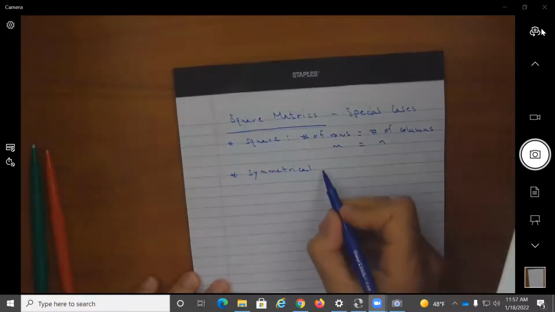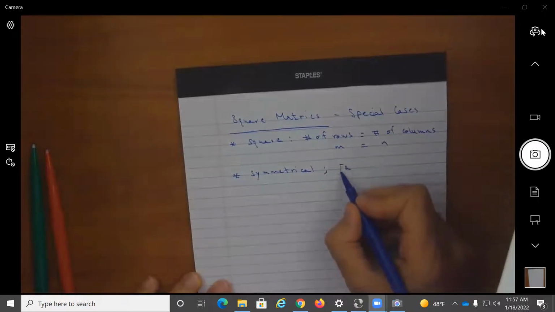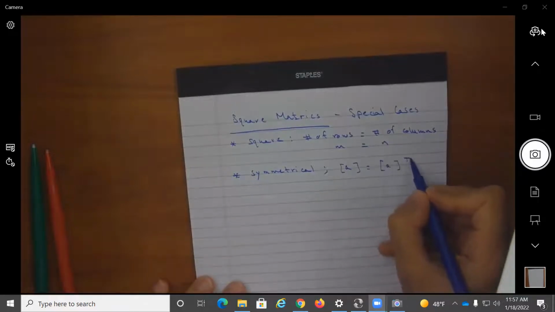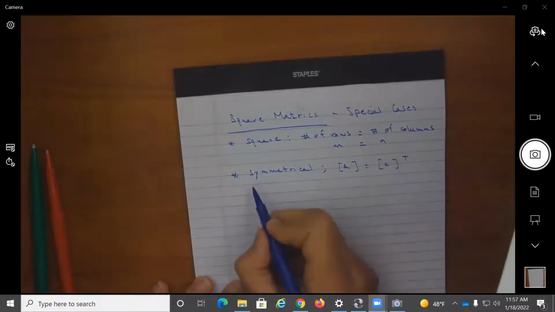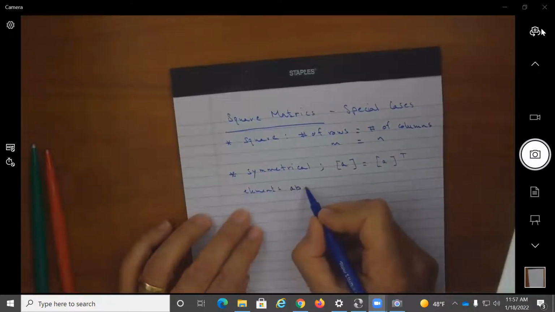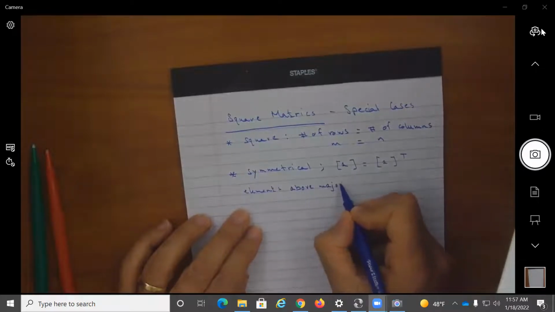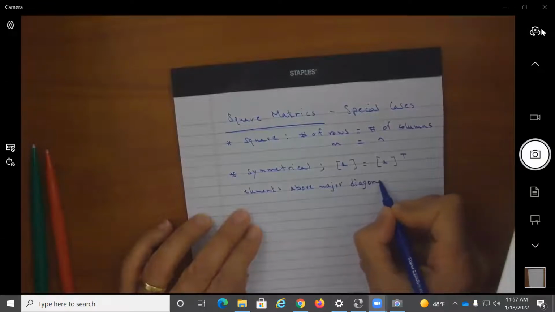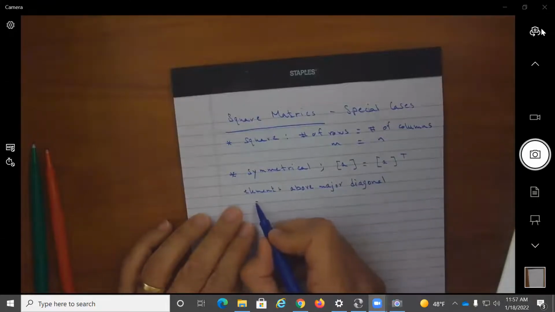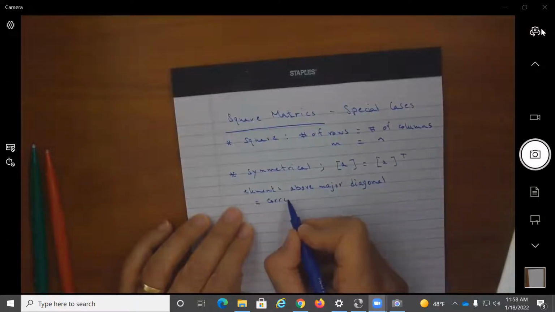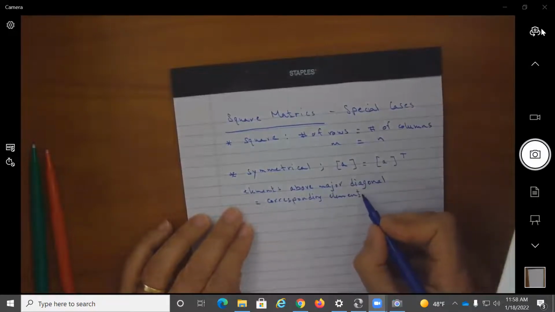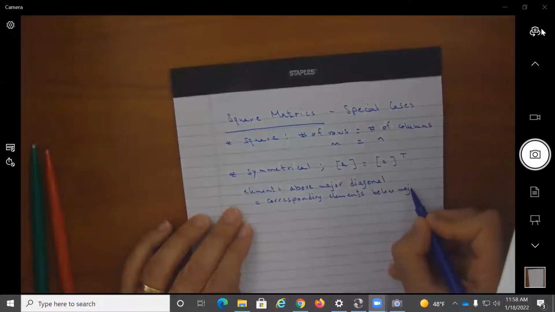If you have a symmetrical matrix A, and you take the transpose of A, it is going to be the same as A. Another way to describe it is to say that the elements above the major diagonal are the same as the corresponding elements below the major diagonal.